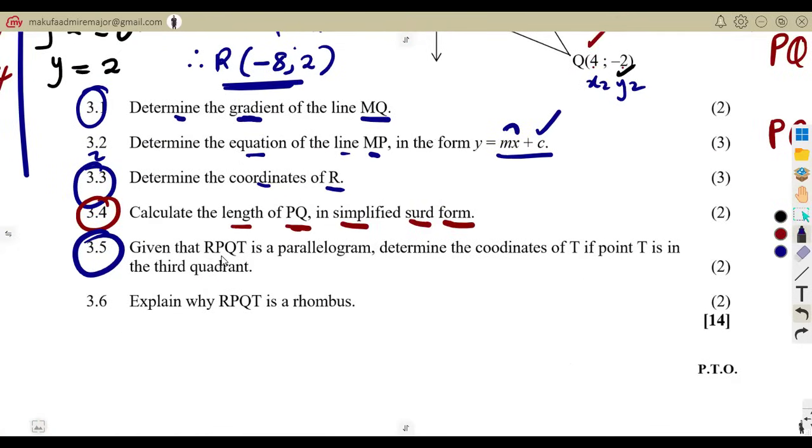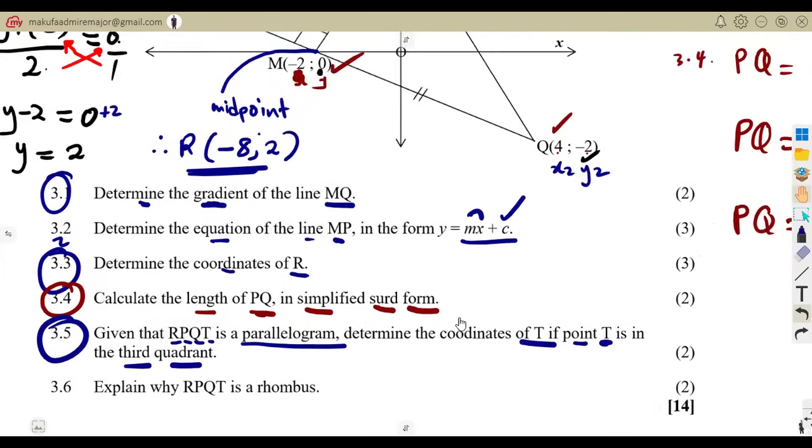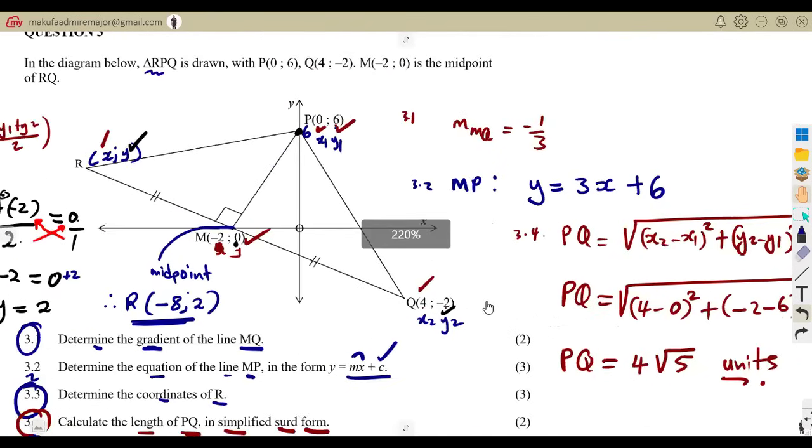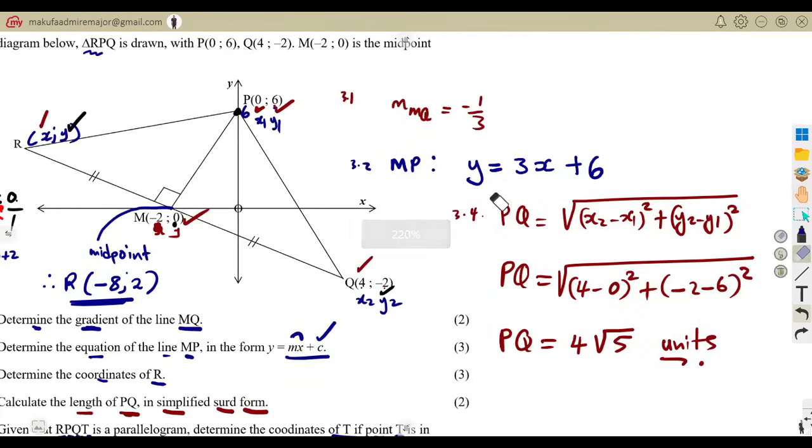Then given that RPQT is a parallelogram, determine the coordinates of T, if point T is in the third quadrant. All right, this is what we have.